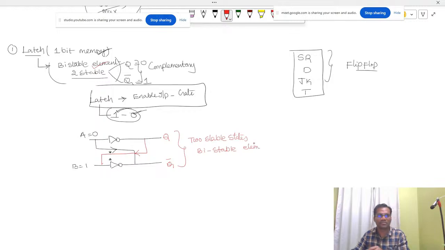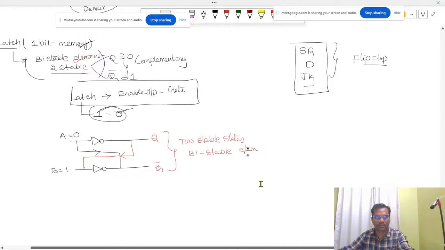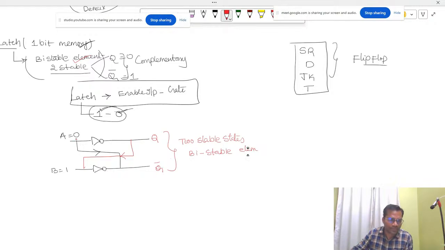Now let us learn the operation, how it works. So what have we been given here? We apply 0 here. What is the output you are going to get? 1.